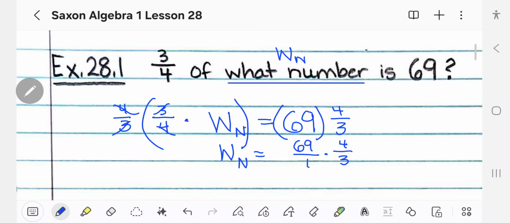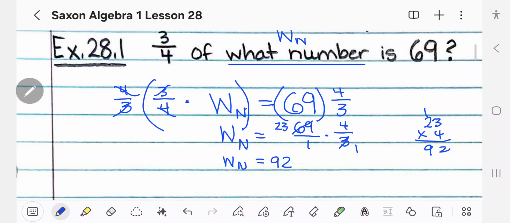We can cancel the 3 here, and then how many 3's are in 69? Would that be 23? And then we can multiply the 23 times the 4, and we get 92. So what number is 92? So 3/4 of 92 is 69.